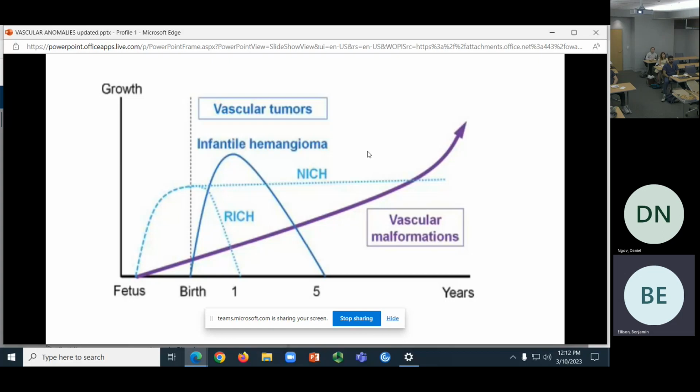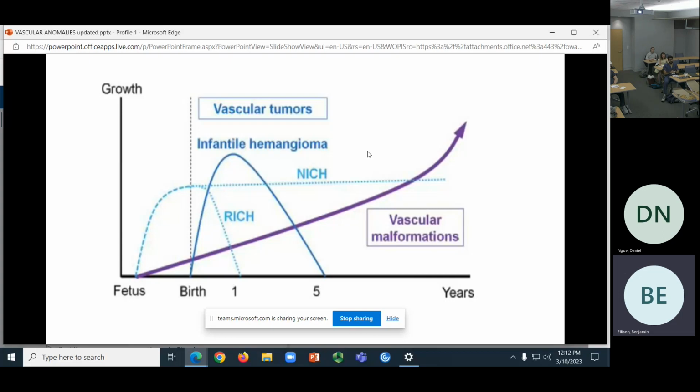At birth, you don't see that. At around 1 month of life, you're going to see the increased size of the tumor. It will peak around 6 months to 1 year. And then by 5 years of age, it's gone. Classic infantile hemangioma, it's gone.